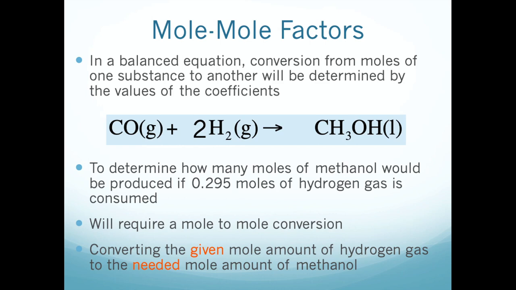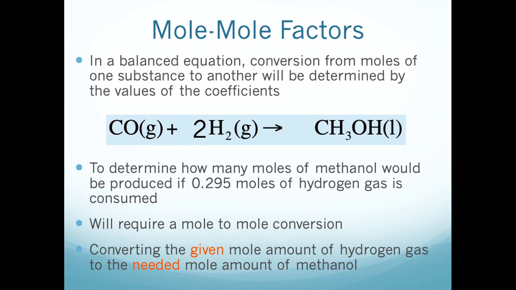Okay, so this relationship between coefficients in a balanced equation shows a molar relationship, or what we call a molar ratio, or a mole-mole factor. Okay, so depending on which textbook you're reading, there are different terms for it, but they are all the same thing. They're just the relationship between the moles of your compounds in your balanced chemical equation. Okay, and we're going to use them to get from one chemical to another.